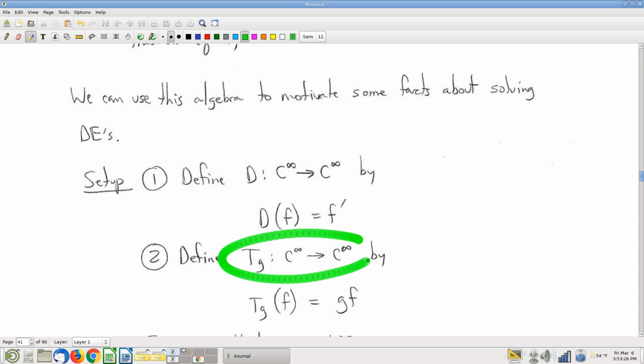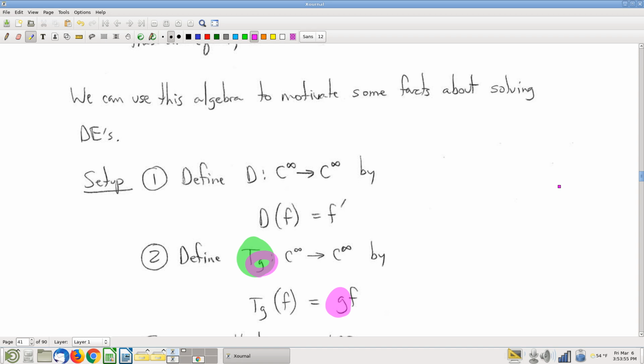But there's a linear transformation that's defined by, given a certain function g, the action of multiplying by that function g. So in the same way that D is the action of differentiation, this thing, T_g, is the action of multiplication by g.